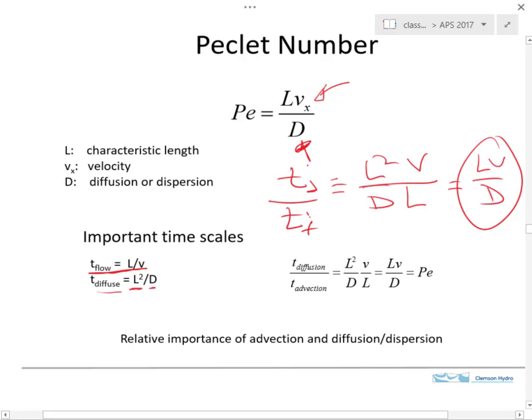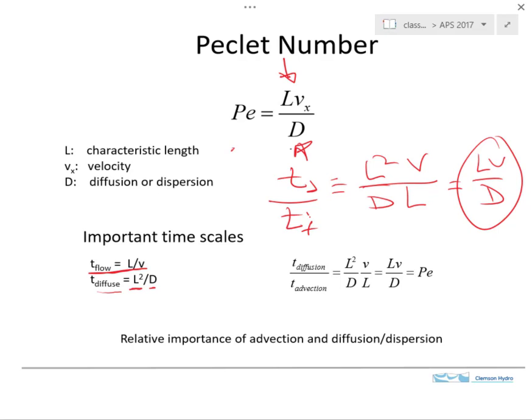Now, this gives us really just a general way to think about things, because it doesn't really say, for example, what L should be. L is a characteristic length for the problem, and so it really depends on what the setup is. D, I think it's easiest to think about this in terms of just diffusion, but dispersion in our governing equation is working the same as diffusion.